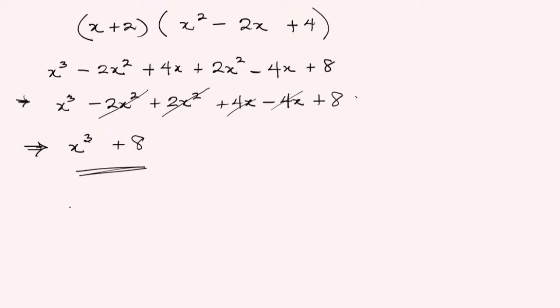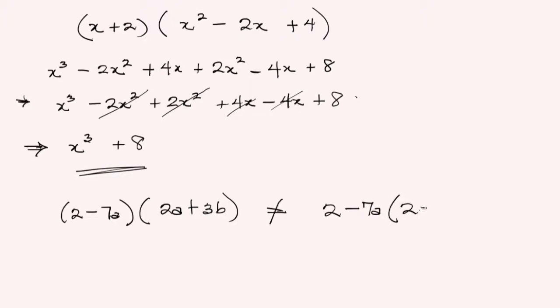I need you to note that if we have 2 minus 7a multiplied by 2a plus 3b, I need you to know that this expression is not the same thing as 2 minus 7a into 2a plus 3b.